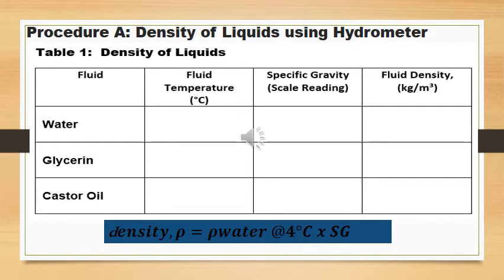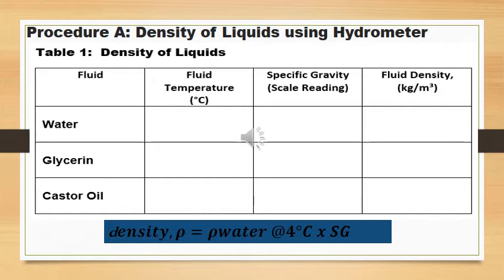For our first procedure, we are going to determine the density of liquid using a hydrometer. And we're going to complete this table with our sample fluids, the water, glycerin, and castor oil. We are going to take the temperature reading for each of the fluids and the specific gravity using a hydrometer.